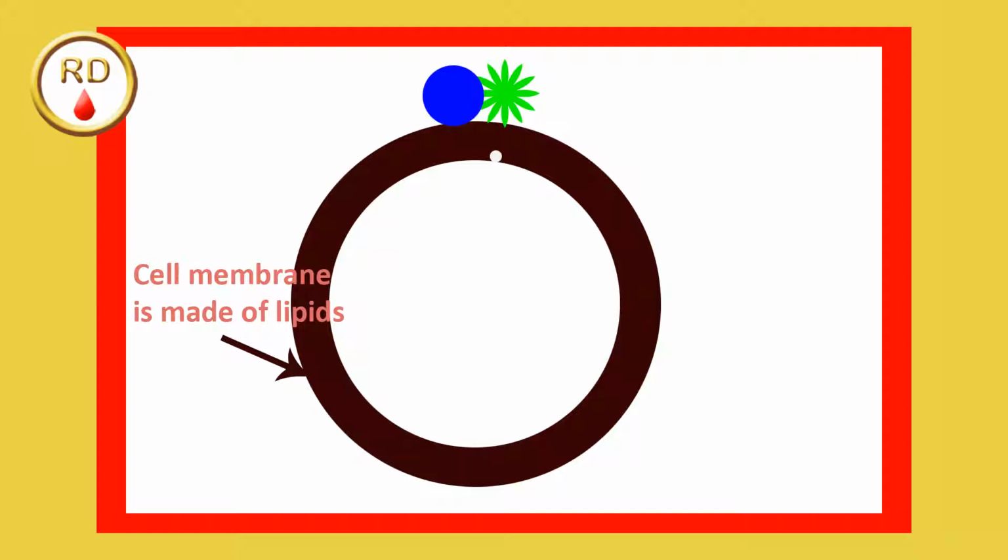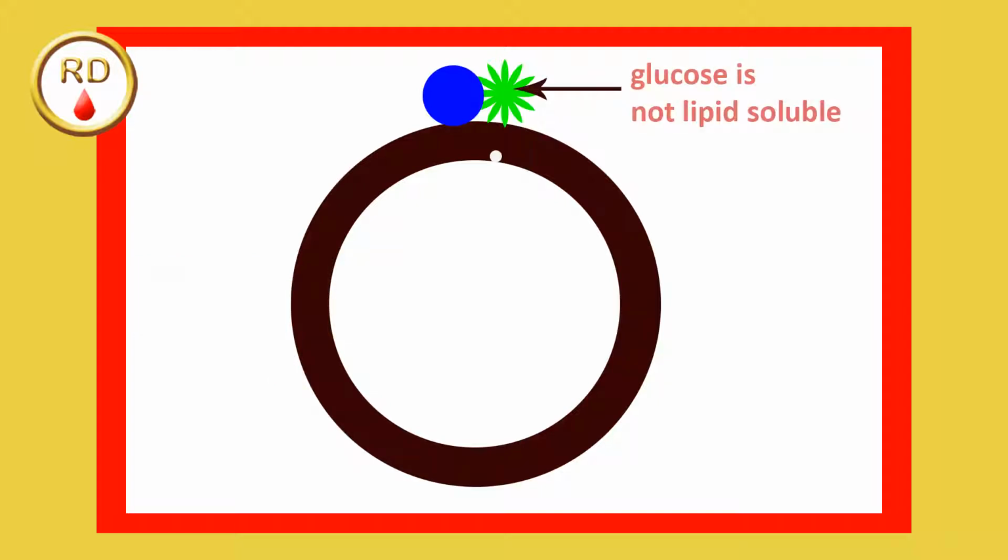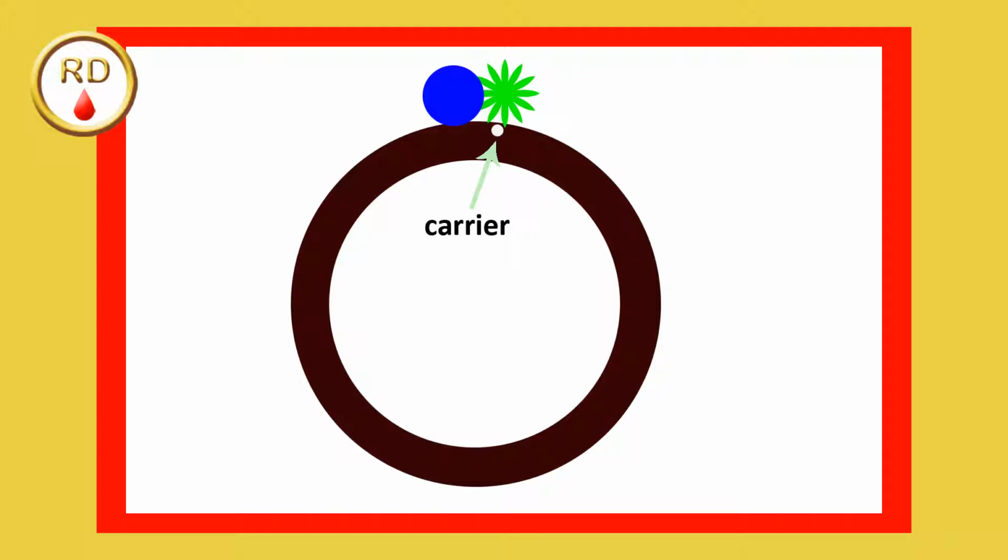The glucose, which is depicted in green, is not lipid soluble. This is important because it means that the glucose cannot just diffuse into the cell by itself. It needs something else to assist it in getting into the interior of the cell, and this is where the carrier comes into play. This carrier moves to where the glucose is and begins the slow process of transferring the glucose into the body.